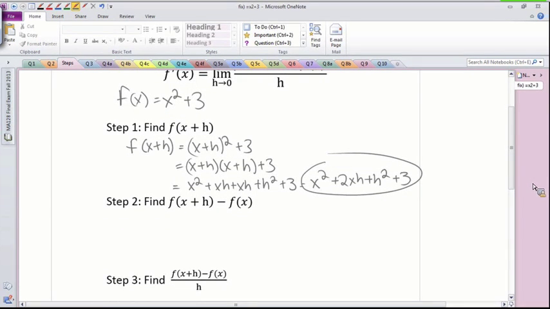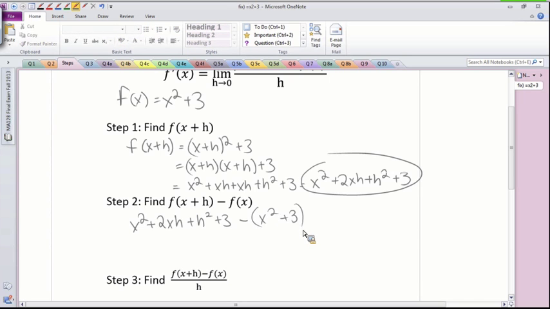Step 2, we're subtracting f of x, which is our original function, from f of x plus h. So x squared plus 2xh plus h squared plus 3 minus our original function, which is x squared plus 3. Keep in mind that we do have to parenthesize f of x. I do see a lot of students just leave it out, but that's not correct because we're subtracting all of f of x, not just x squared.